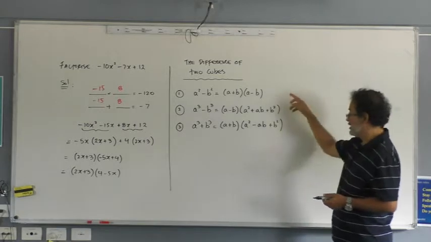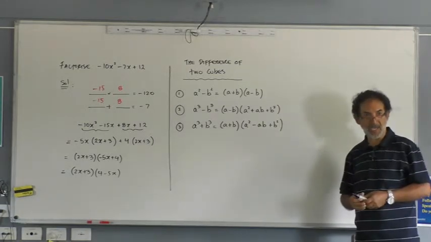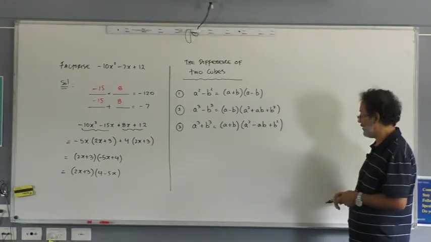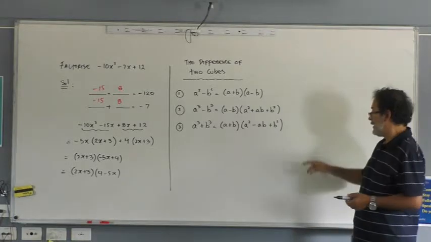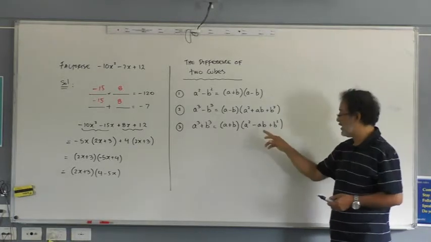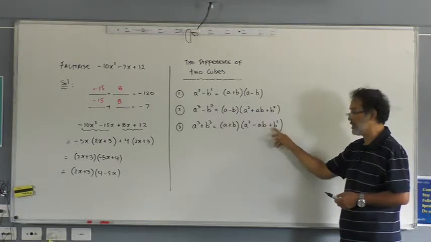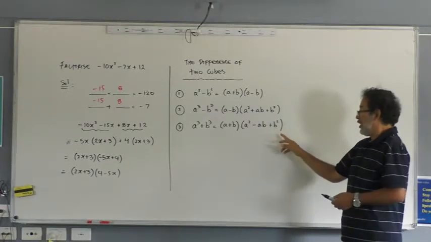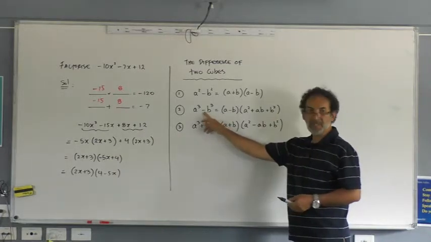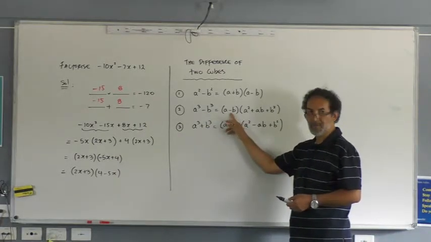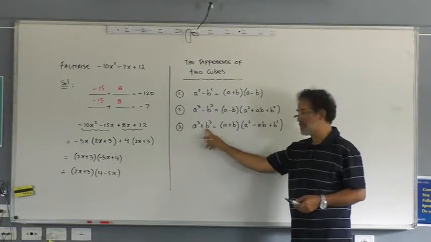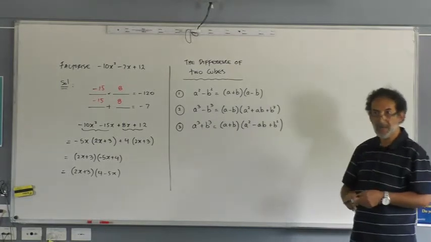So these are the 3 formulas that we did last year, and we did a lot of stuff with them. Important thing: you can see that the last term is always plus, plus b squared. If this is take away, then in here you're going to have take away, and if this is plus, then in here you're going to have plus. Is that clear?